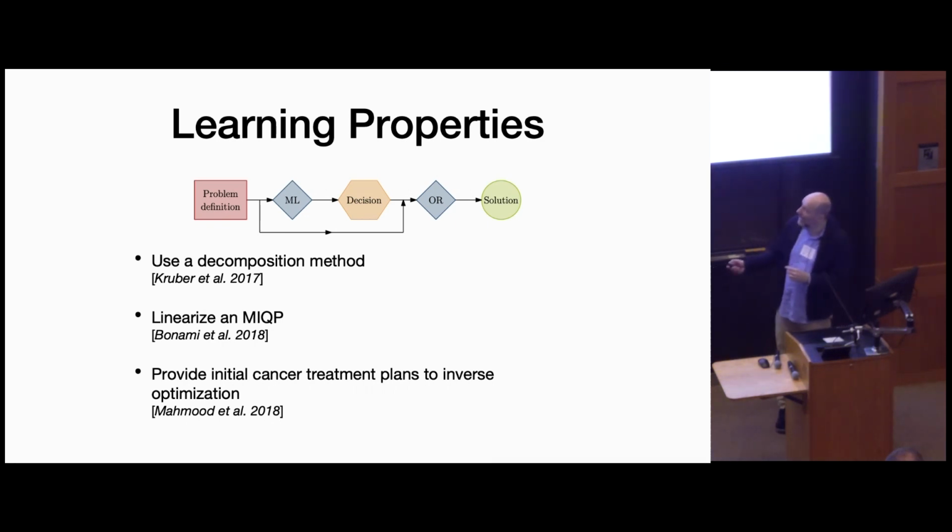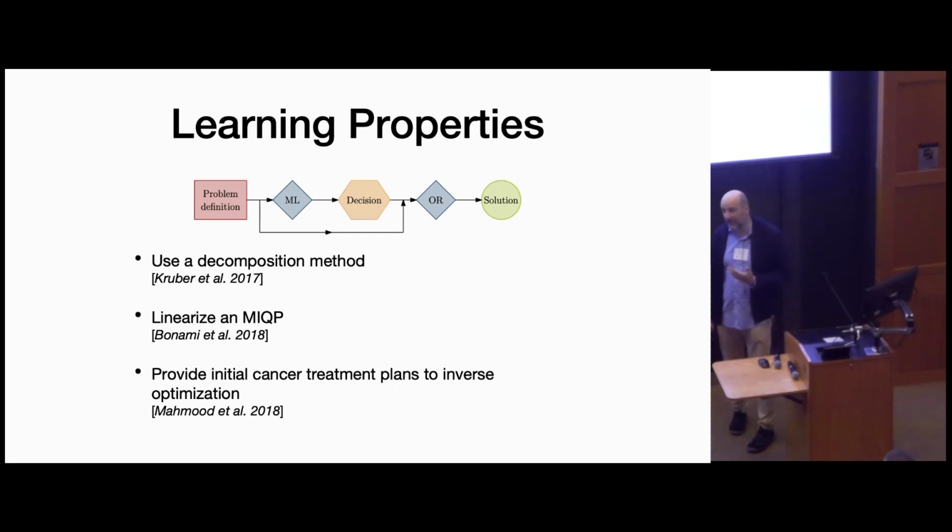For example, this is the linearization configuration tool in which, for a mixed integer quadratic optimization problem, CPLEX, another one of the big solvers, uses a machine learning algorithm to decide whether or not to linearize the quadratic part of the objective function.